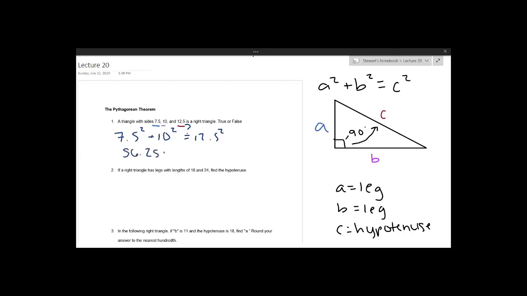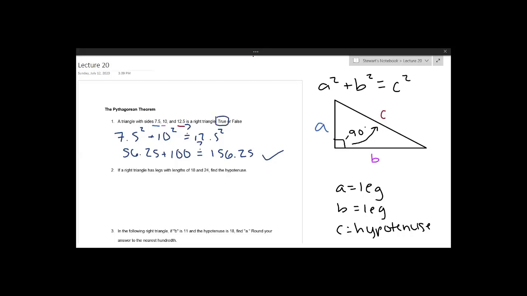We know that 10 squared is 100. We want to know, is that equal to 12.5 squared, which is 156.25, which it is, because we can see that 56.25 plus 100 is in fact 156.25. So this checks out, and this is true.